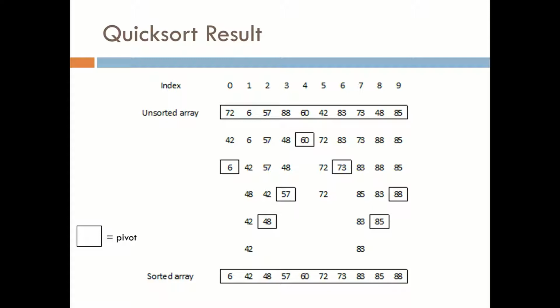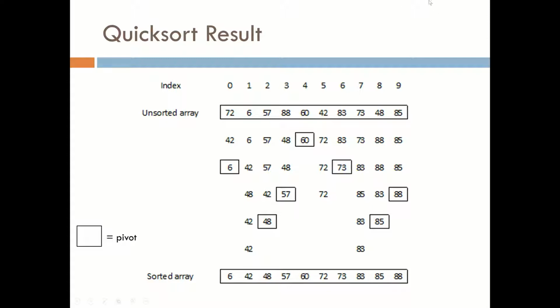It's not yet sorted, but everything is now on that side, and everything that is greater than 60 is off to its right. The second pivot that's picked here is the 6, because we do a call on the left side of 60. The 6 is a terrible pivot because it's actually the lowest number in that sublist.